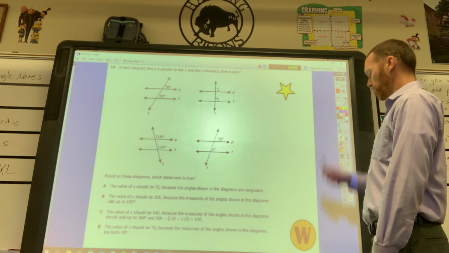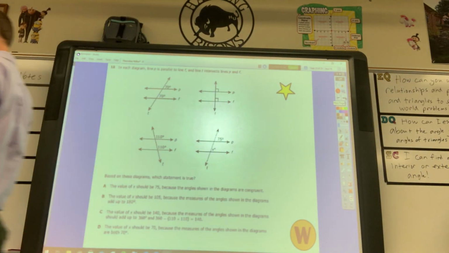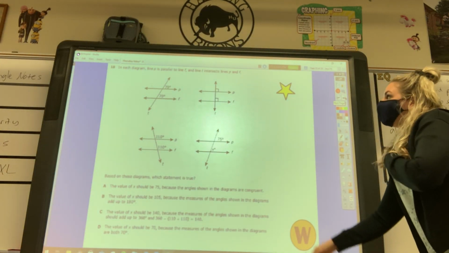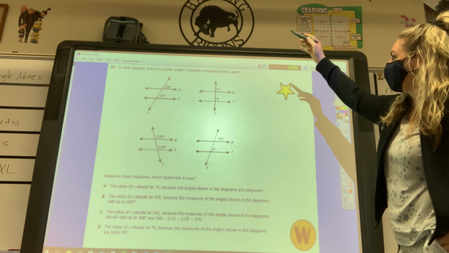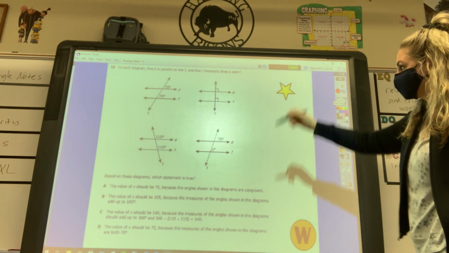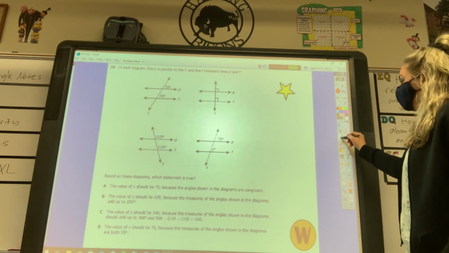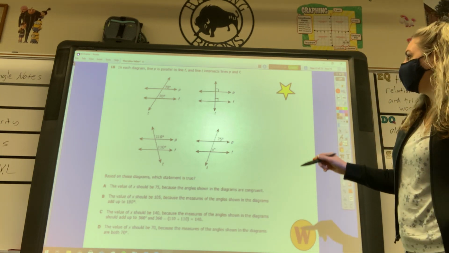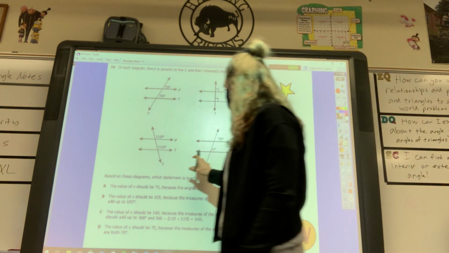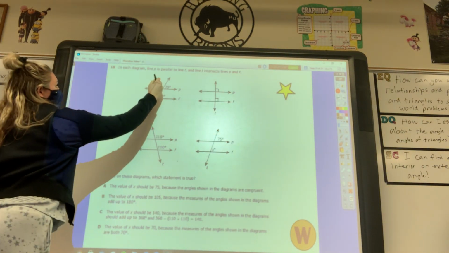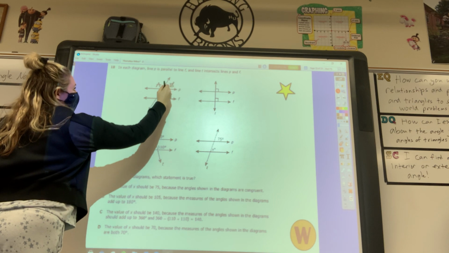Okay, Ms. Walton, last problem, and we're done. All right, so we're given that the lines are parallel and that we have an intersecting transversal. So we know parallel lines with a transversal create our AB patterns. So on each of these, I would go ahead and write in that AB pattern.